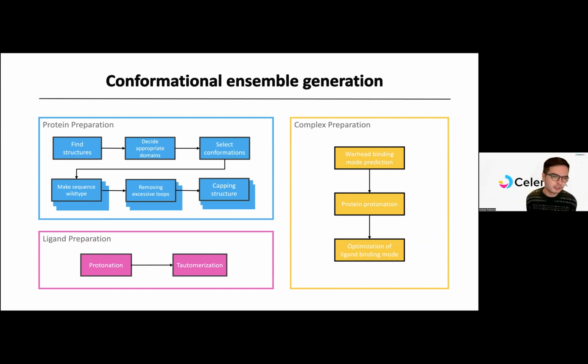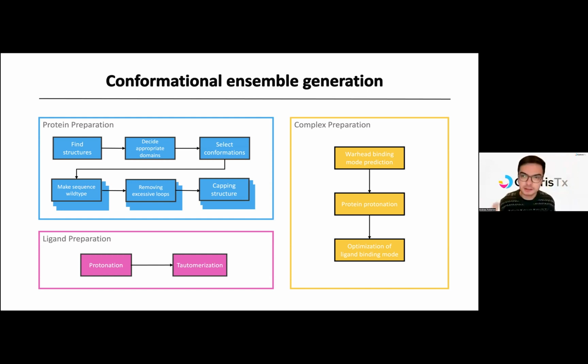First, on the conformational ensemble generation, this is more of a standard computational chemistry, structural bioinformatics approach, I guess, but it's worth reiterating. First is finding structures. Like I mentioned on the previous slide, you can use different approaches depending on the availability and the types and knowledge and literature you find.